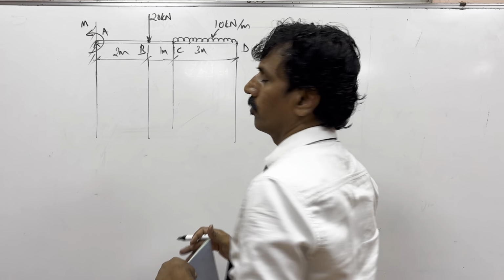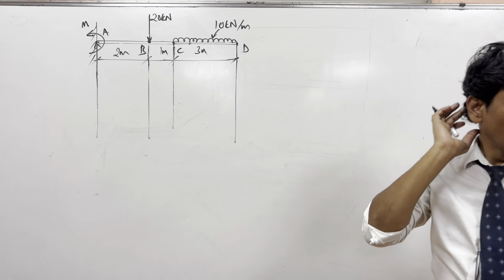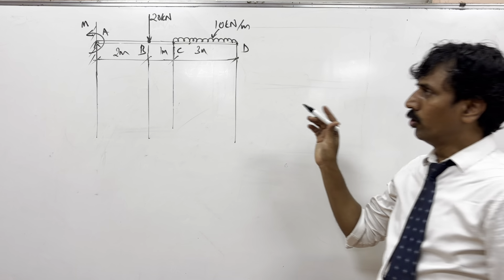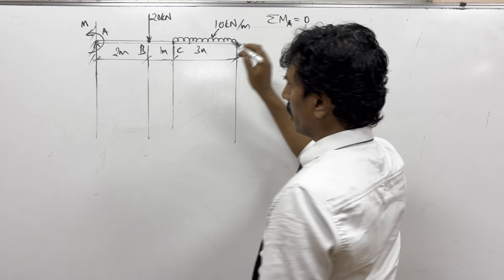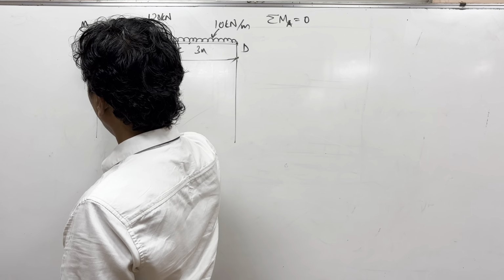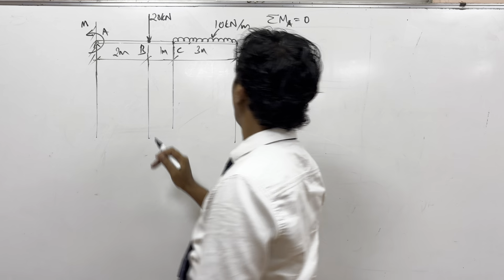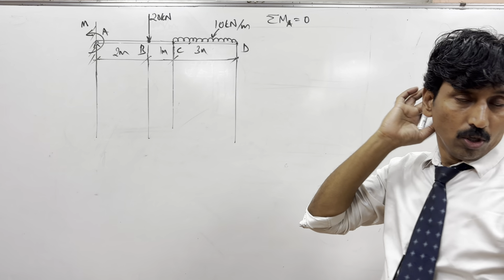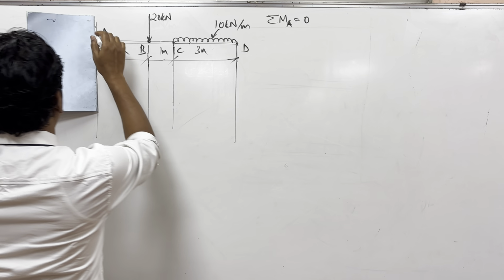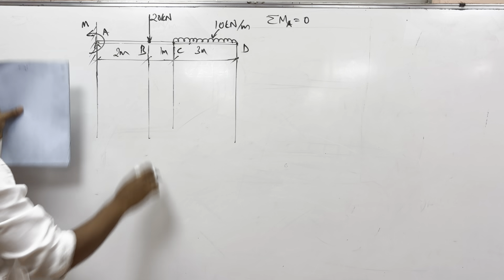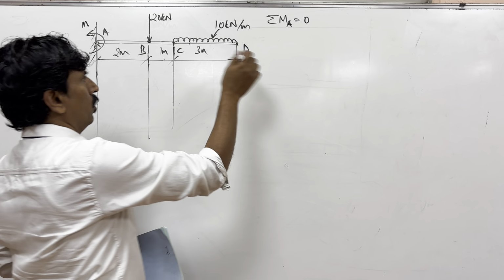And then here, very similar to the previous problem, you should say that the moment about A is equal to 0. That means at this point, the sum of the moments is 0.